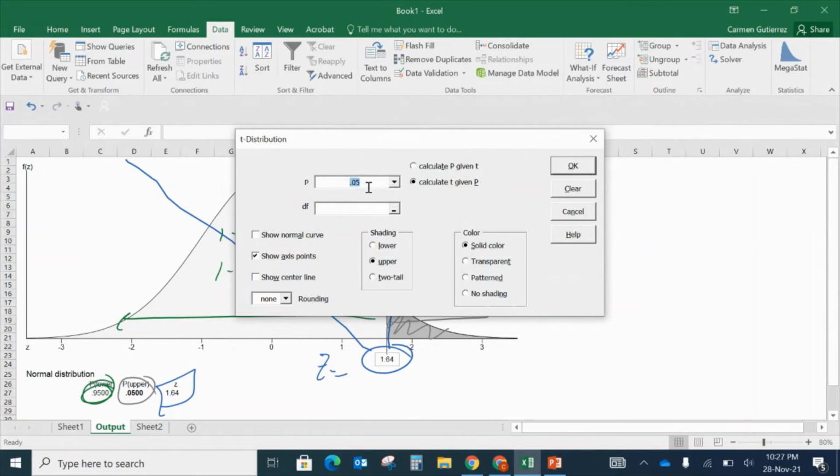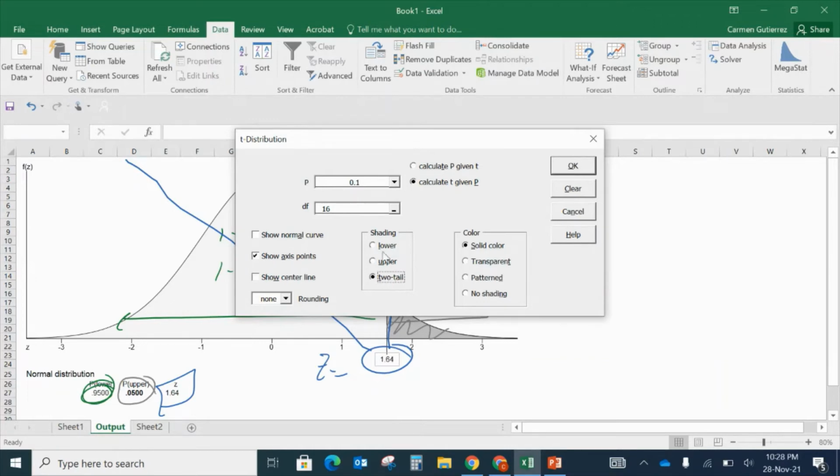Just like in Z, the P here is your alpha. We have given it an alpha of 10%. So 0.1 is 10%. Degrees of freedom, it was 10 plus 8, that's 18, minus 2, 16. And then you need to tell it whether it's lower tail, upper tail, or 2 tails. For the sake of explanation right now, we're doing a 2-tail test.